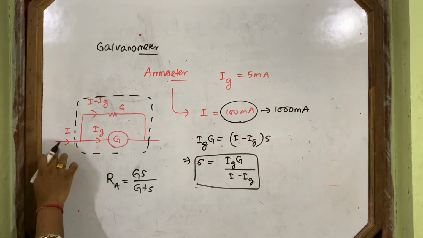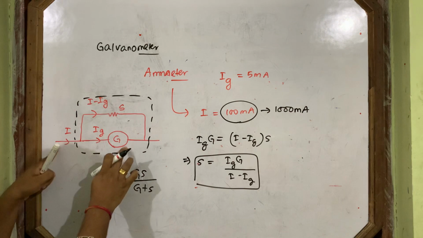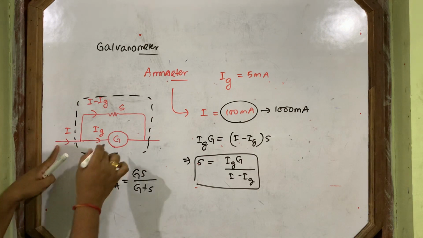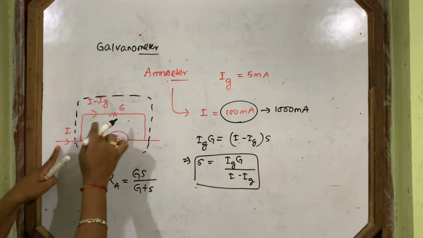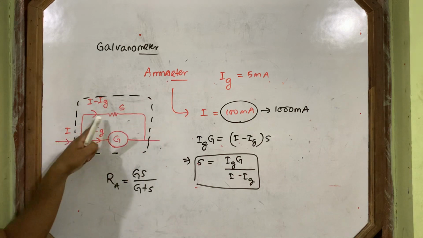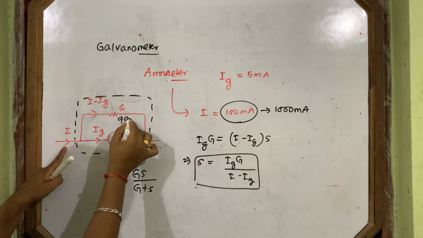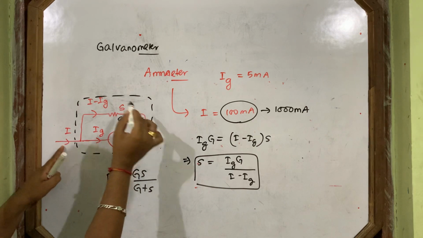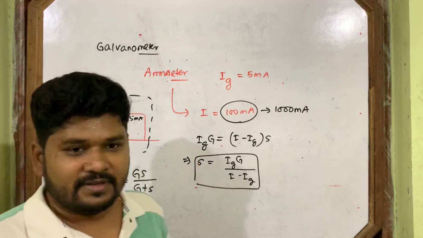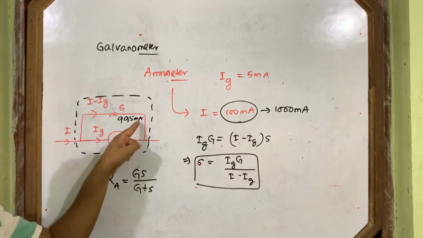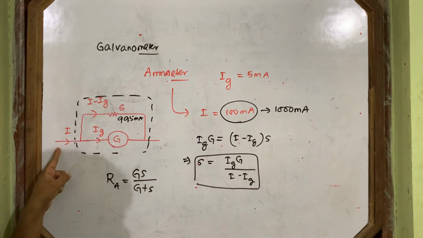If you want to pass 1000 milliampere, the extra current has to go through the shunt. Earlier the shunt was allowing only 95 milliampere, now it has to allow 995 milliampere. Then you have increased the range of the ammeter.